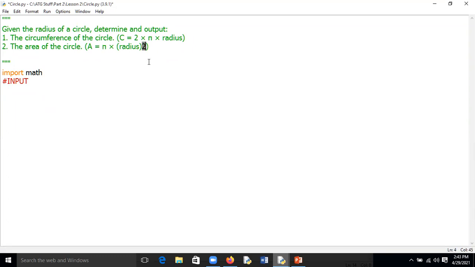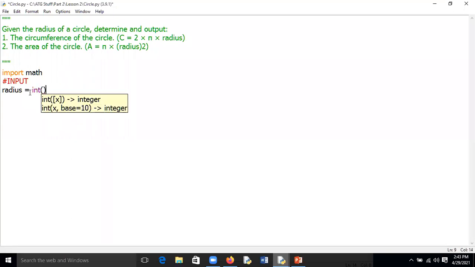It should be squared. Okay, so once again, we can do the following. We need to input how many values, guys, right? Given the radius of the circle. So it's just one single input, and I'm going to call my variable radius is assigned.